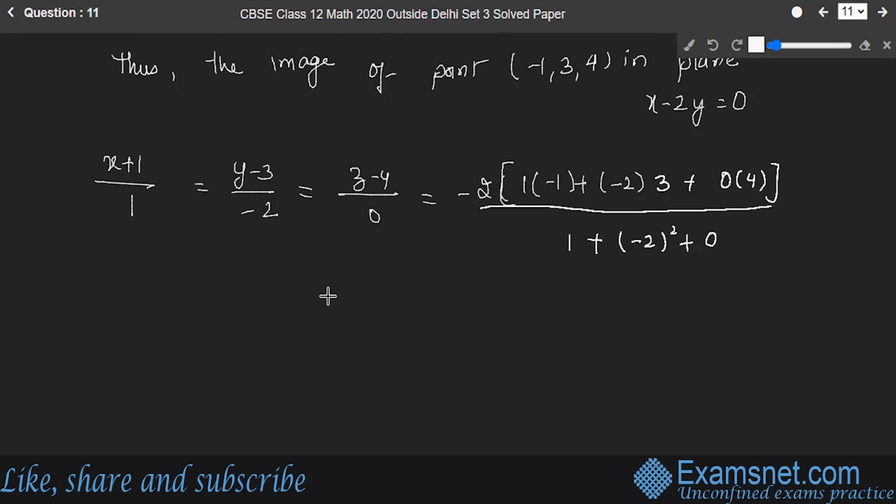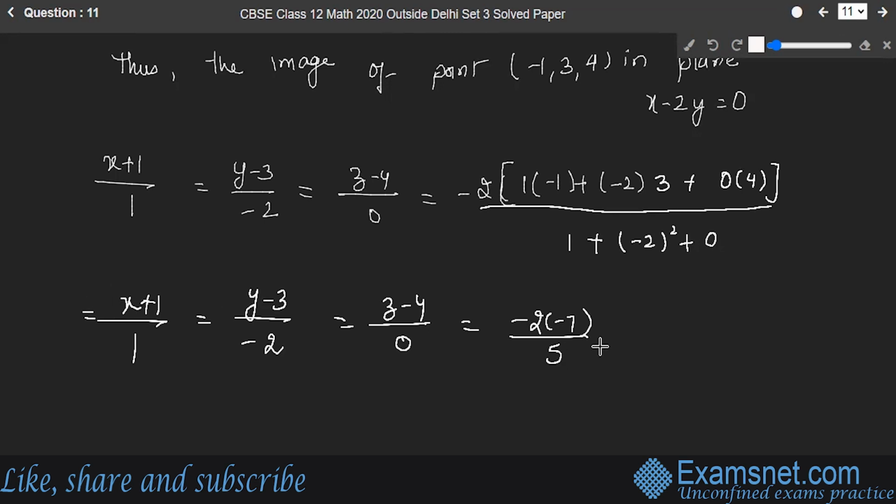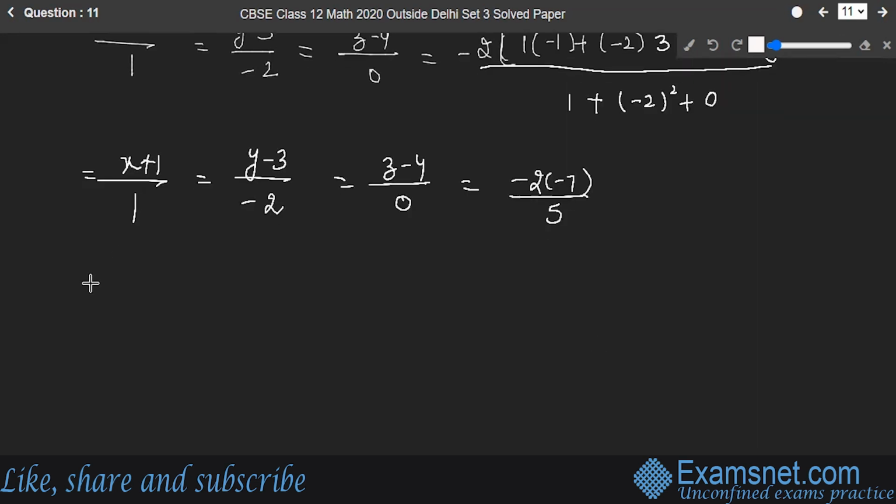Okay. So this is x plus 1 upon 1 is equal to y minus 3 upon minus 2, z minus 4 upon 0, is equal to minus 2 into minus 7 upon 5. That makes x is equal to 14 by 5 minus 1, which gives you the value of 9 by 5.